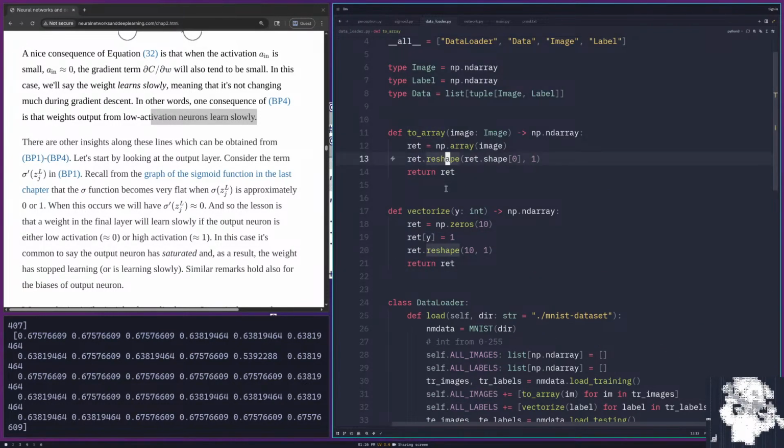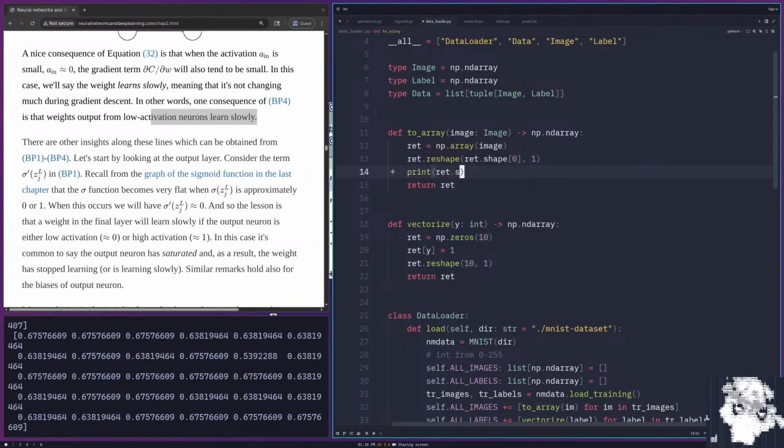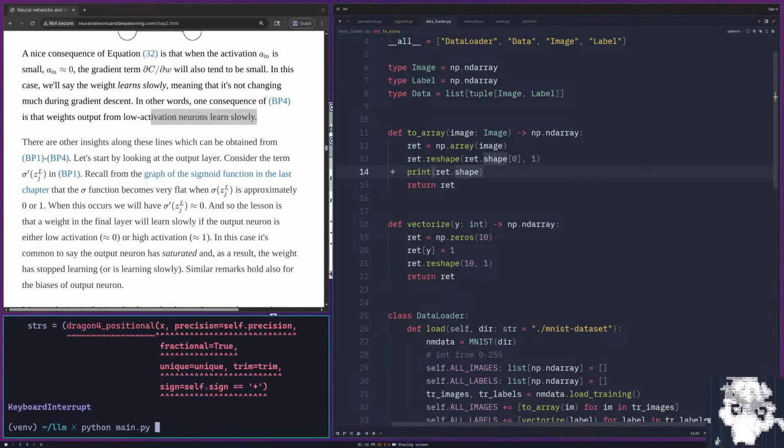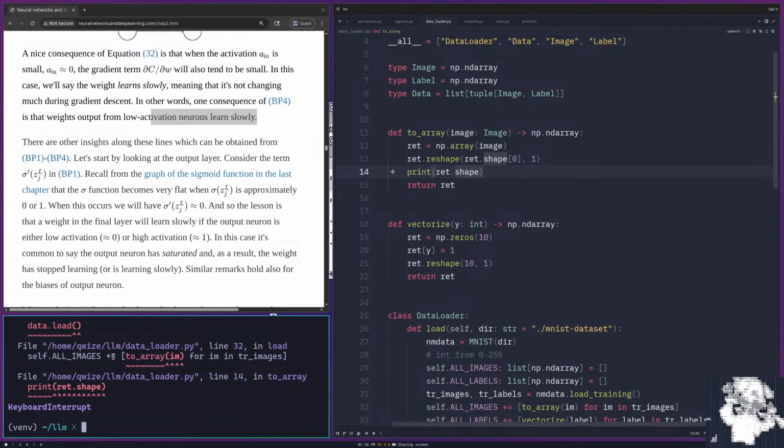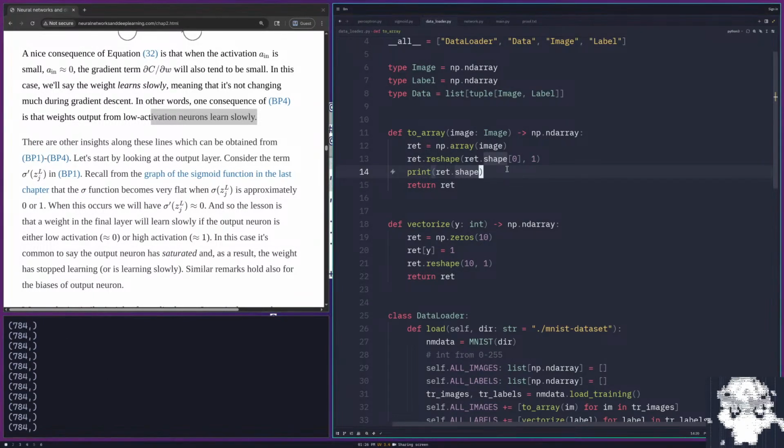And then I'm reshaping them. Ref.shape. They don't have the right shape, even though I'm reshaping them right here.